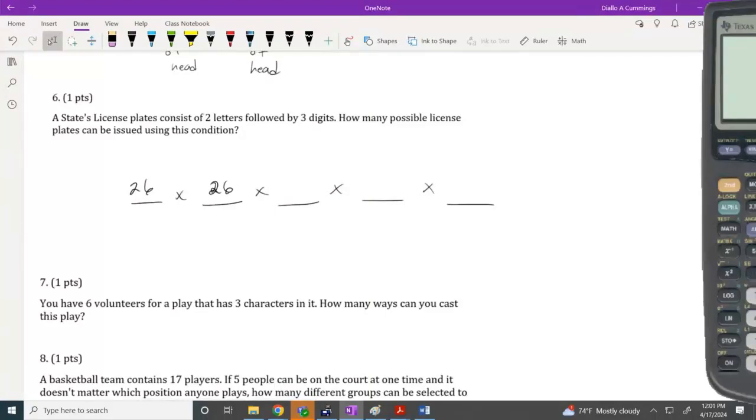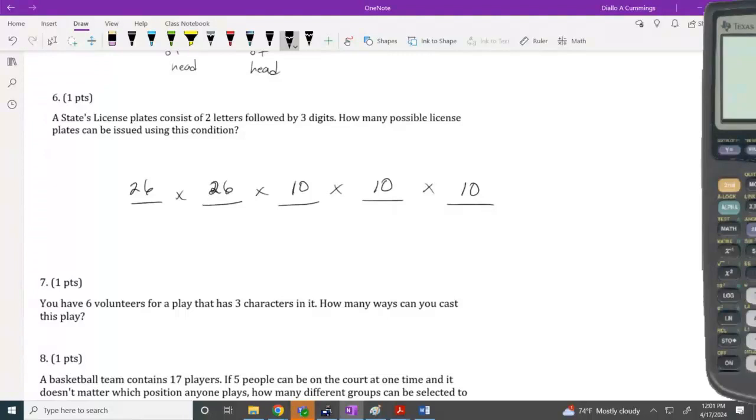Followed by 3 digits. Remember, the digits are 0 through 9, so that gives me 10 digits altogether. So I have 10 choices for my first digit, 10 choices for the next, and then 10 choices for that last digit.